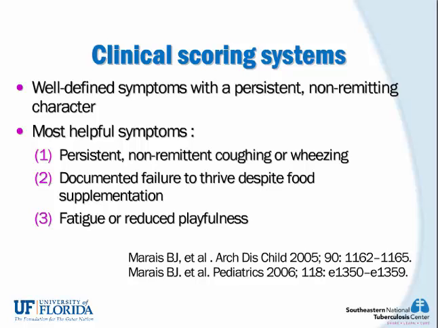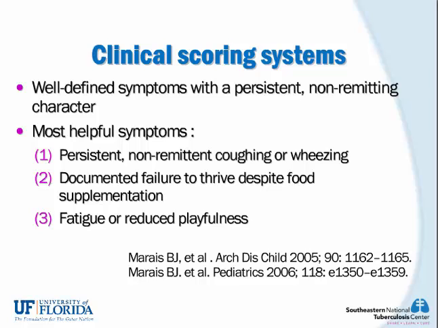Most helpful symptoms include persistent non-remitting cough or wheeze, and history or documentation of failure to thrive despite food supplementation and adequate nutrition. If the child presents with fatigue or reduced playfulness, this can be an entry to think about tuberculosis.